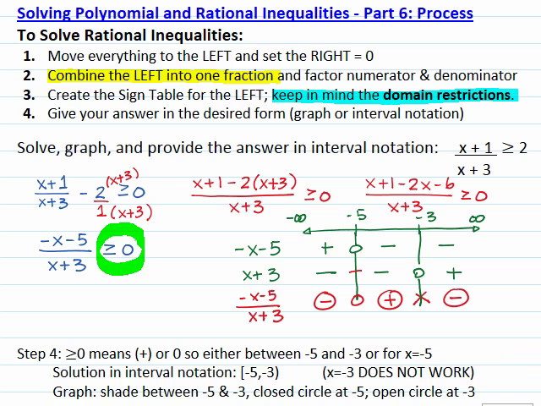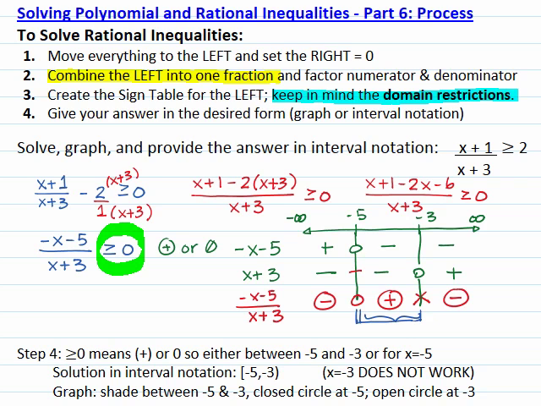Greater than or equal to 0 means plus or 0. Plus or 0 in our sign table is the interval between negative 5 and negative 3. It could be equal to negative 5, but it cannot equal negative 3.